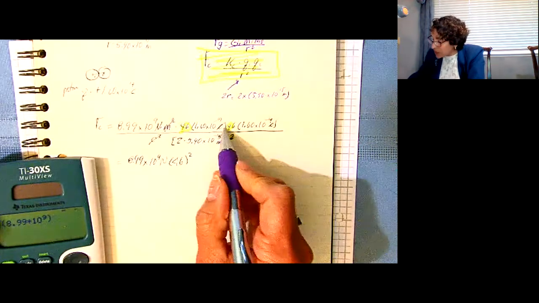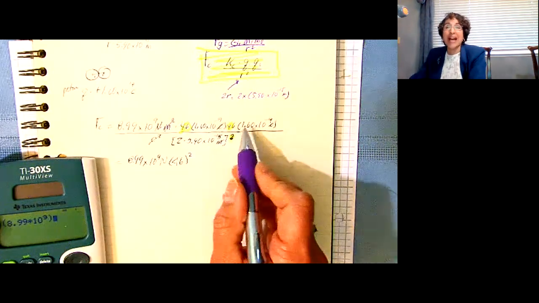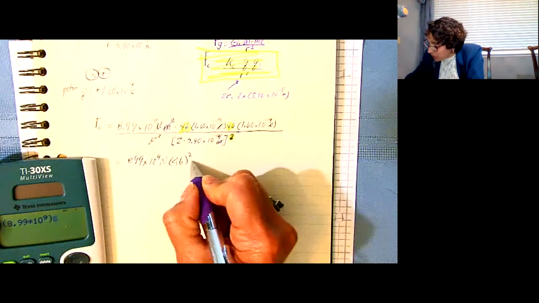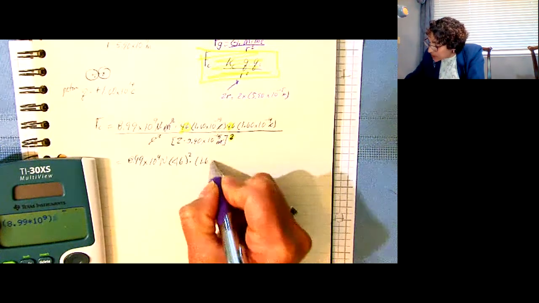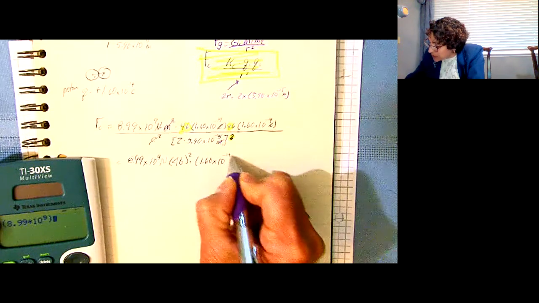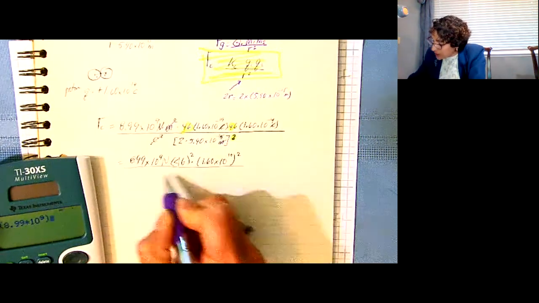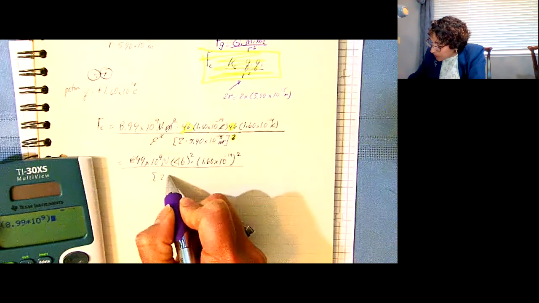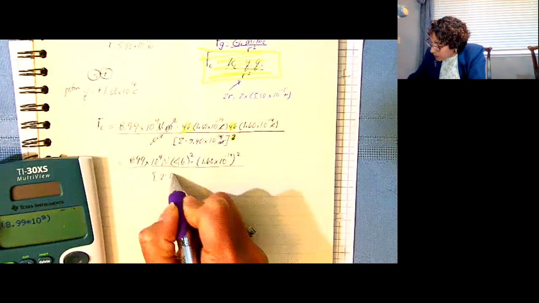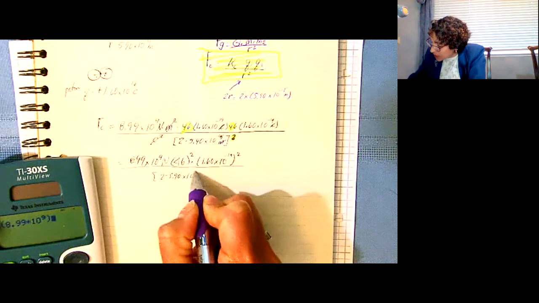Then I have this number, 1.60 times 10 to the negative 19, times itself, so 1.60 times 10 to the negative 19 squared. And all that is divided by 2 times 5.90 times 10 to the negative 15 squared.